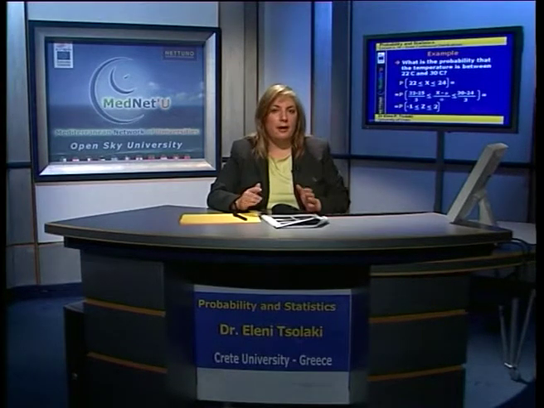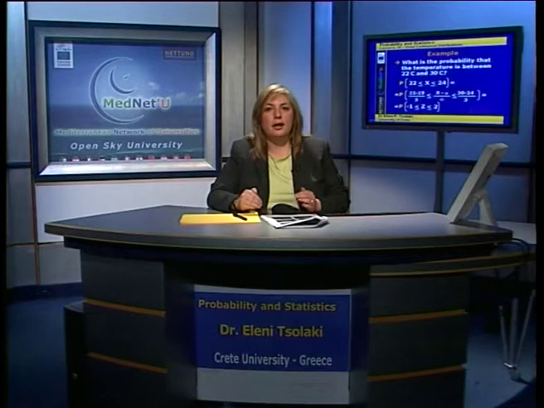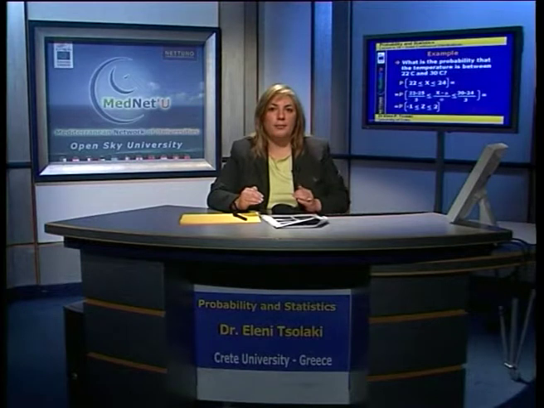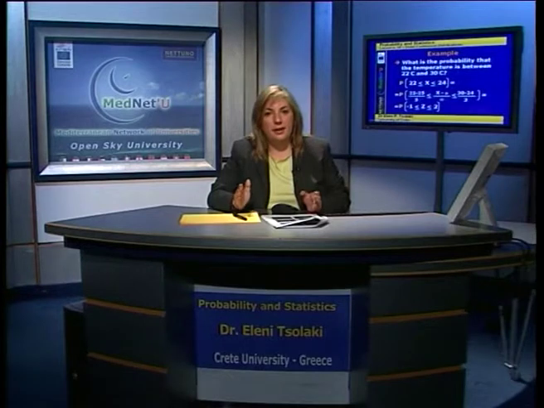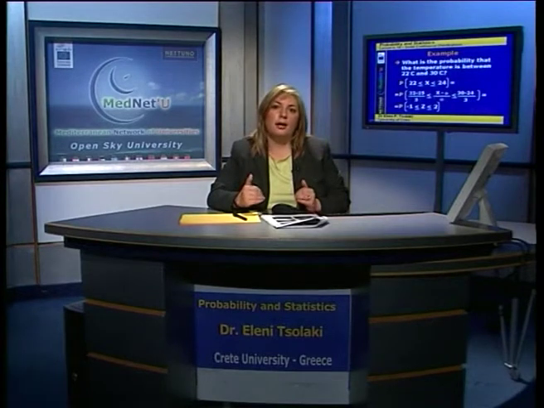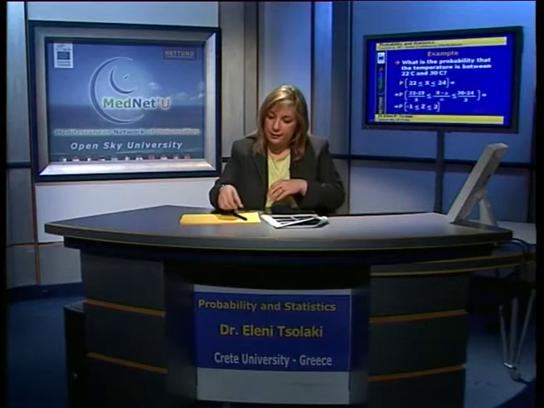Now, every book in statistics has tables which have calculated the areas underneath the standard normal distribution. We just need to be careful when we read the numbers on the tables, which area exactly they have calculated.